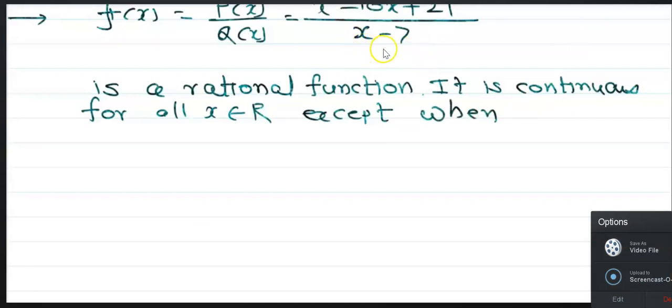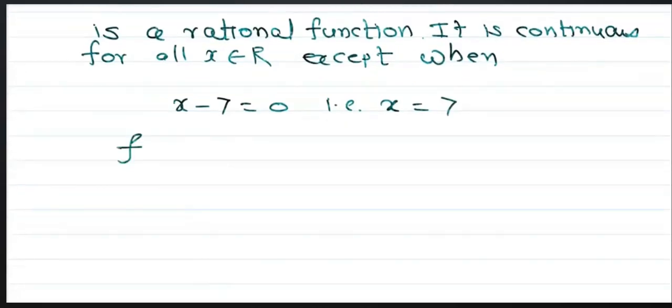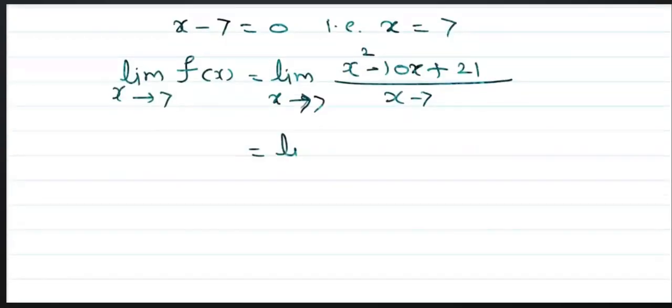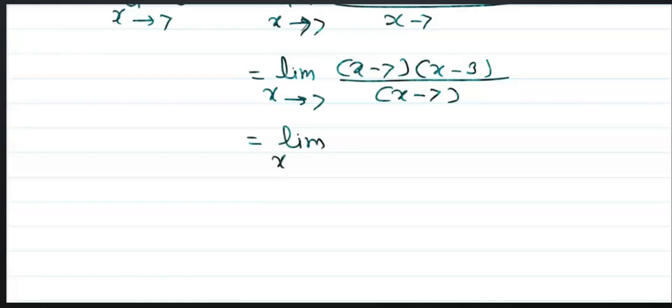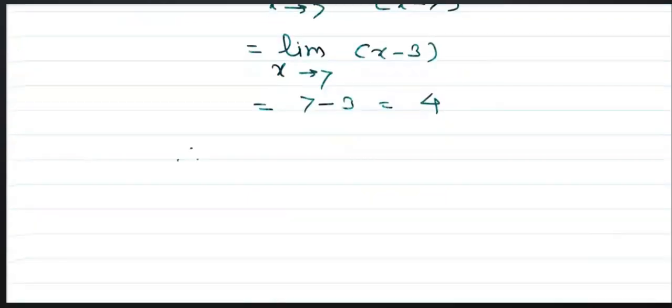If you substitute x equals 7, then the denominator will become 0. Therefore, limit x tends to 7, f of x is equal to limit x tends to 7 of x square minus 10x plus 21 upon x minus 7. If we evaluate this, x minus 7 gets cancelled. Limit x tends to 7, x minus 3, that is 7 minus 3 is equal to 4.